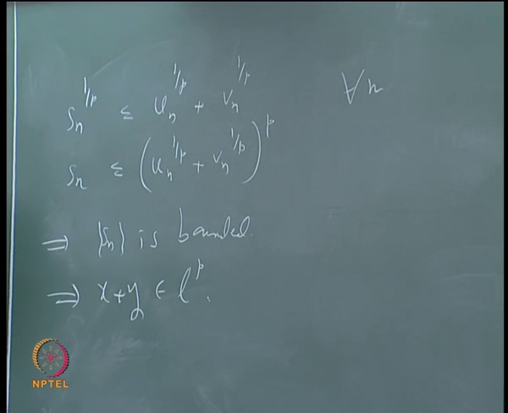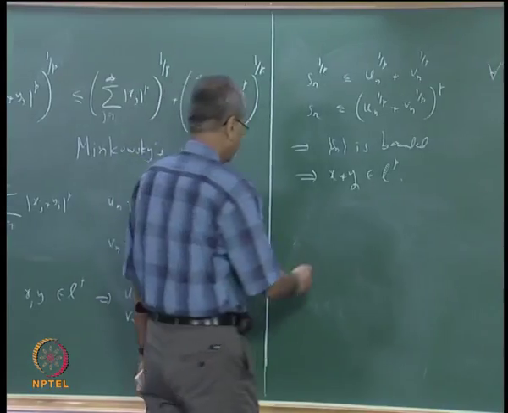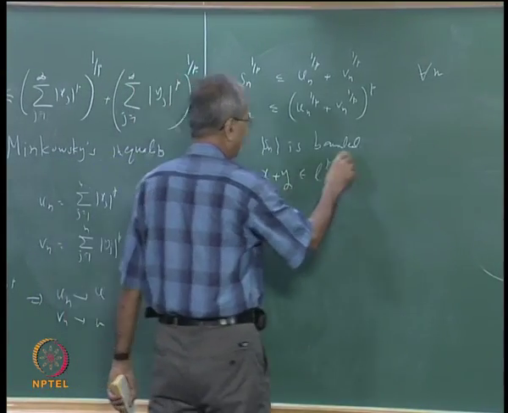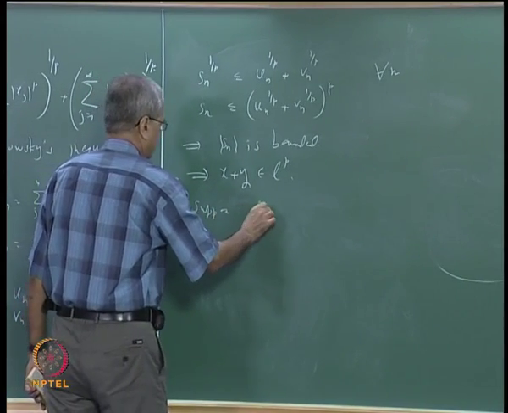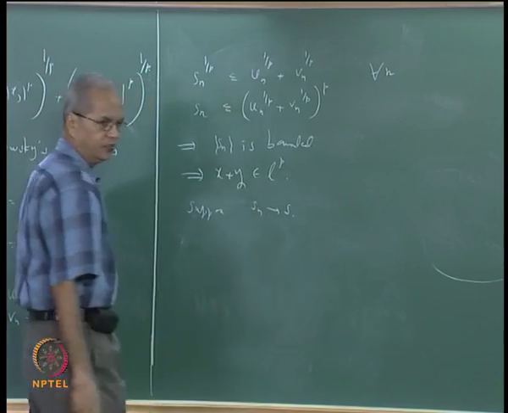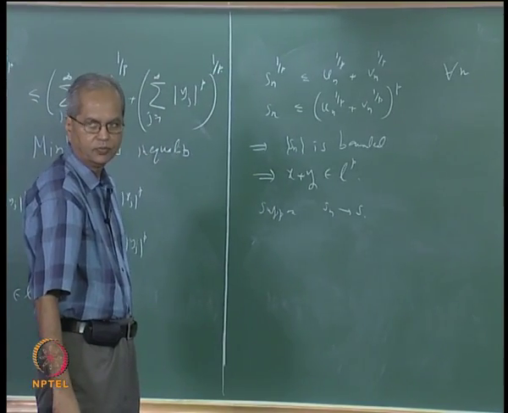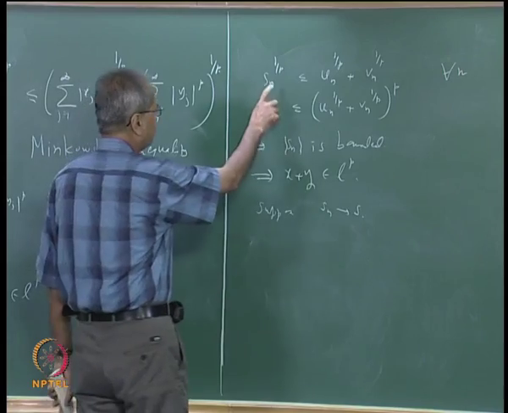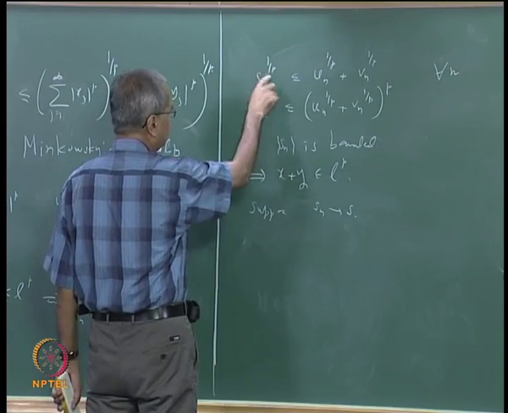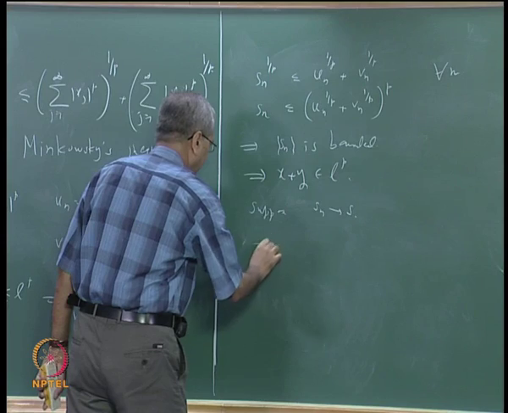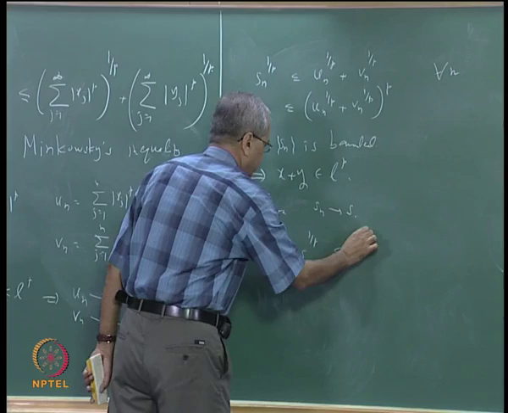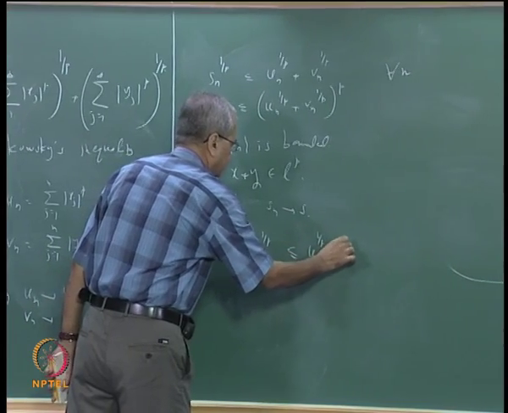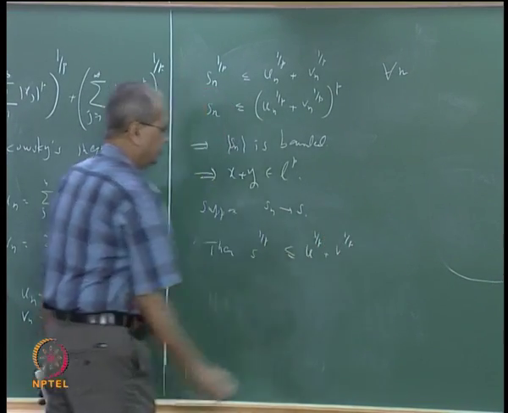So suppose limit of Sn is s, so Sn is bounded. Suppose Sn converges to s. Then what follows from this equation here is that s to the power 1 by p is less than or equal to u to the power 1 by p plus v to the power 1 by p.